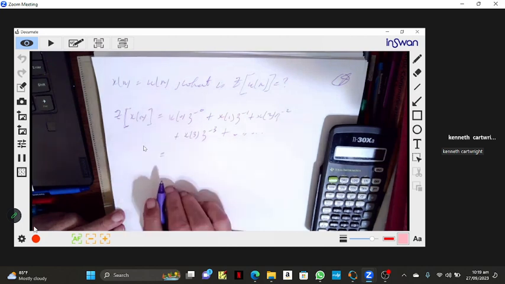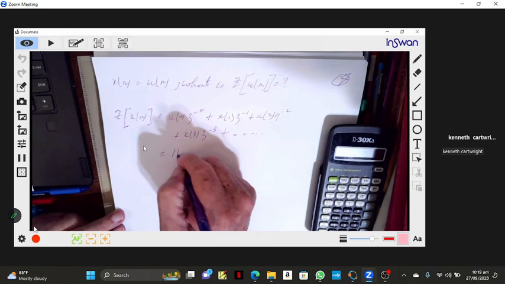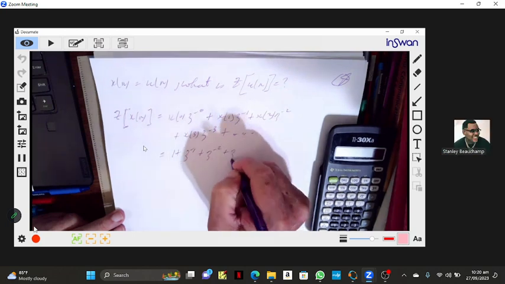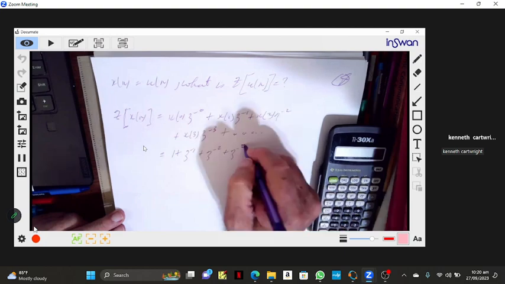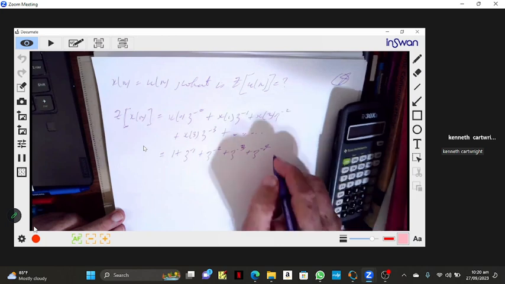What's x of 0? That's 1. What's x of 1? Everything is 1. Exactly. So what do we have here then? 1 plus z to the minus 1 plus z to the negative 2 plus z to the negative 3 plus z to the negative 4 all the way up to infinity.